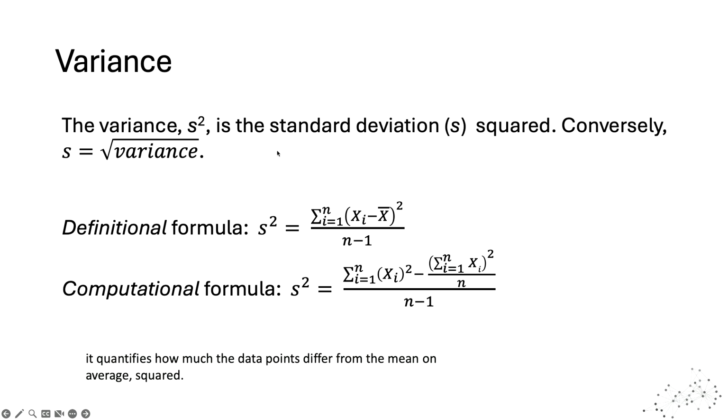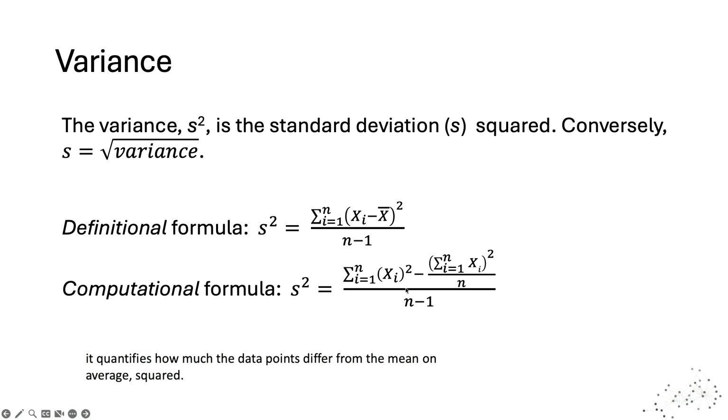And the variance. Variance here is similar to standard deviation, but it describes how much data points differ from the mean on average, squared, from the mean value. So it is a quantity of how much data points differ from the mean value.